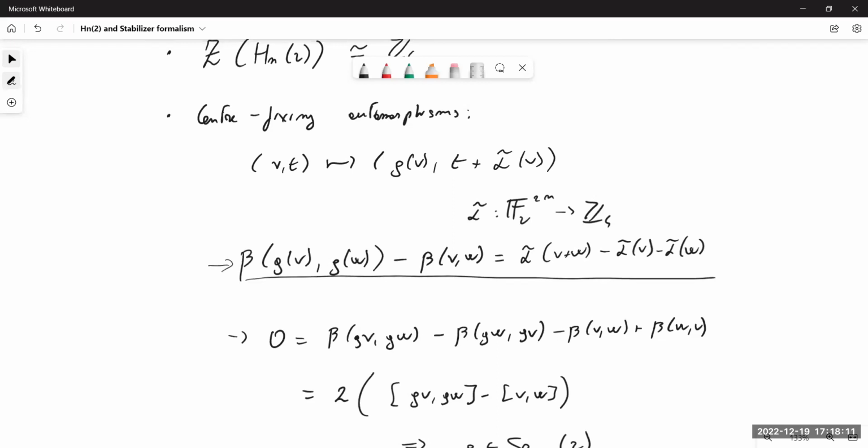But here in this case, since beta is not antisymmetric, you cannot split the two terms, and in principle we would write alpha of G, because even alpha depends on the symplectic matrix.